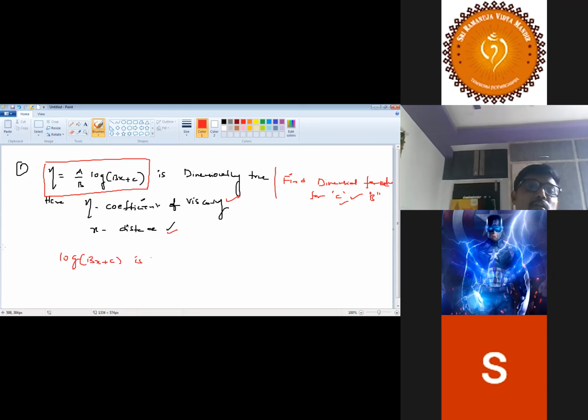I told you that exponentials have no dimensional formula, logarithms have no dimension formula, trigonometric functions like sine and cos have no dimensional formula, constants and numericals have no dimensional formula. These are the limitations of the dimension formula. You might have studied this in your first year.